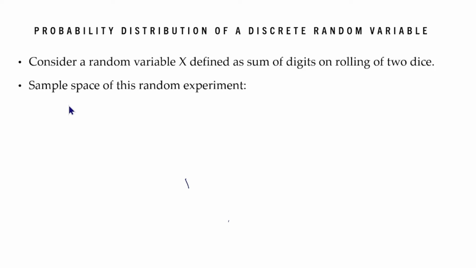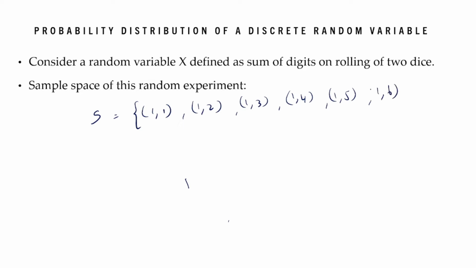Now the sample space of this experiment is given by S equal to (1,1), (1,2), (1,3), (1,4), (1,5), (1,6), then we have (2,1), (2,2), (2,3), (2,4), (2,5), (2,6).